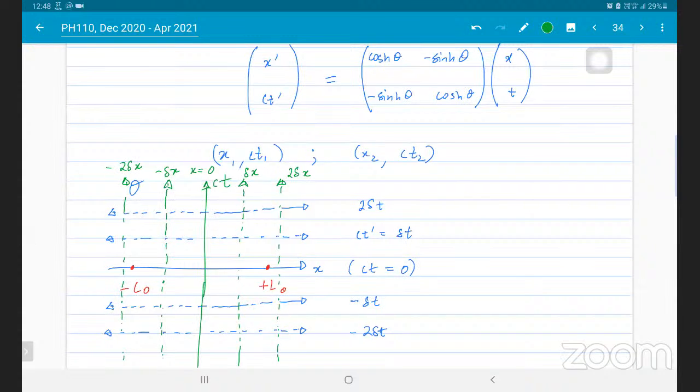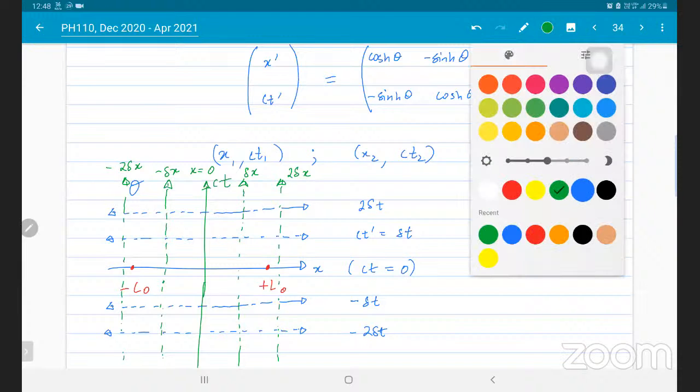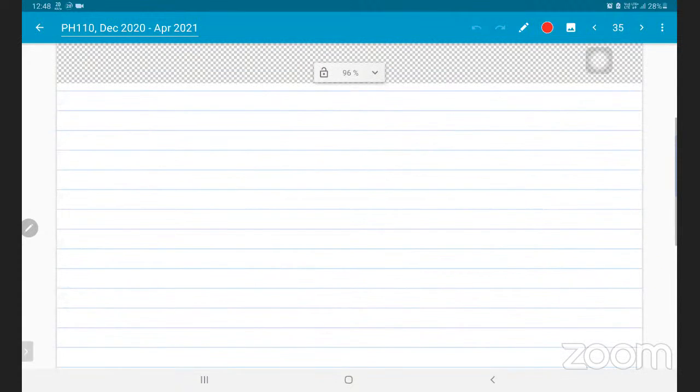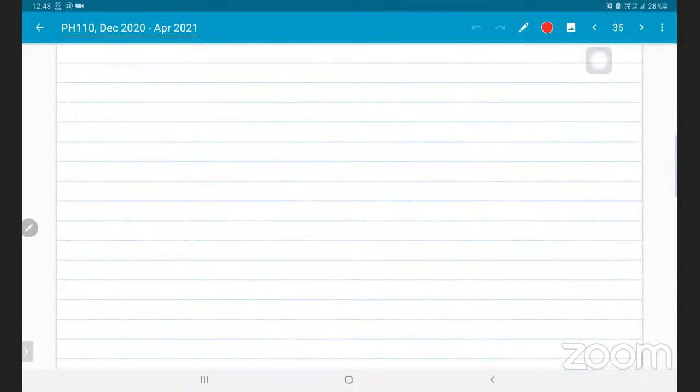Now, these two lamps are located on my surface of constant time at a distance of plus L0 and minus L0. And what do these lamps do? They emit a beam of light. Now, when light is emitted, what is the velocity of light? c.